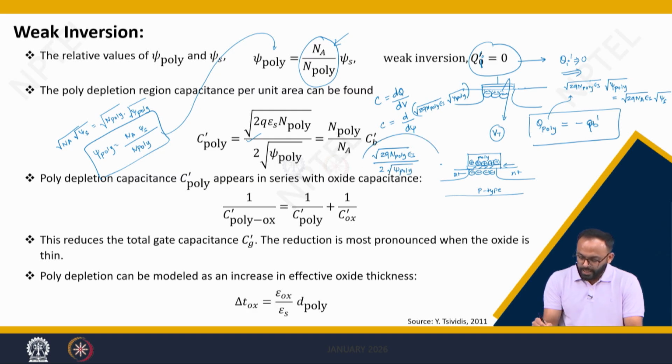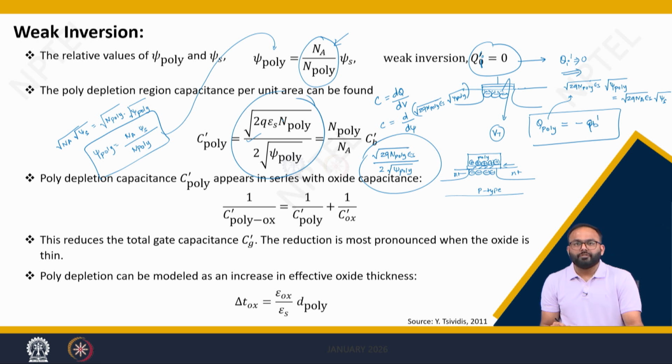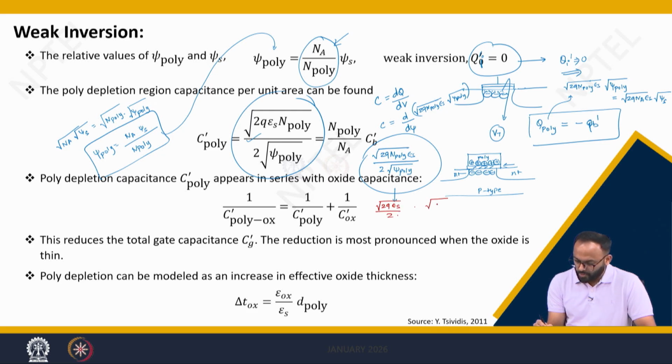Now, can I represent this term in terms of Cb dash? Yes. So, you just bifurcate this part as square root of 2 into q into epsilon S divided by 2, into square root of N poly divided by square root of psi poly.